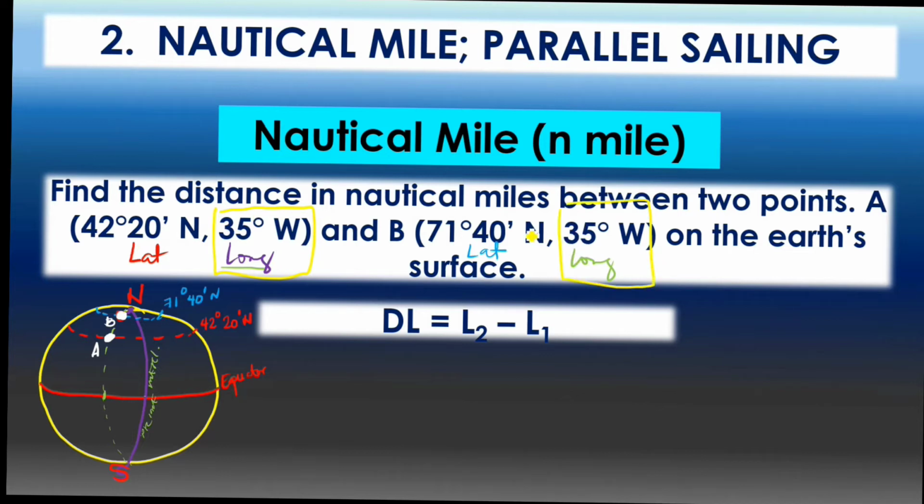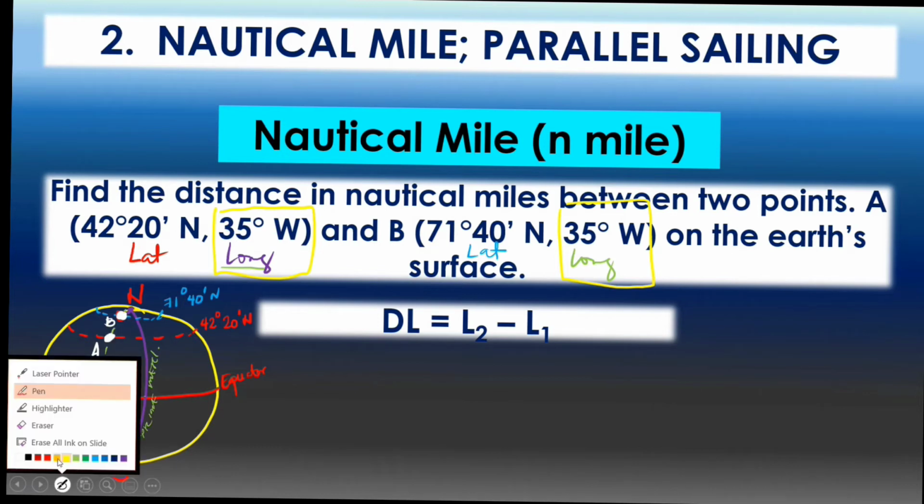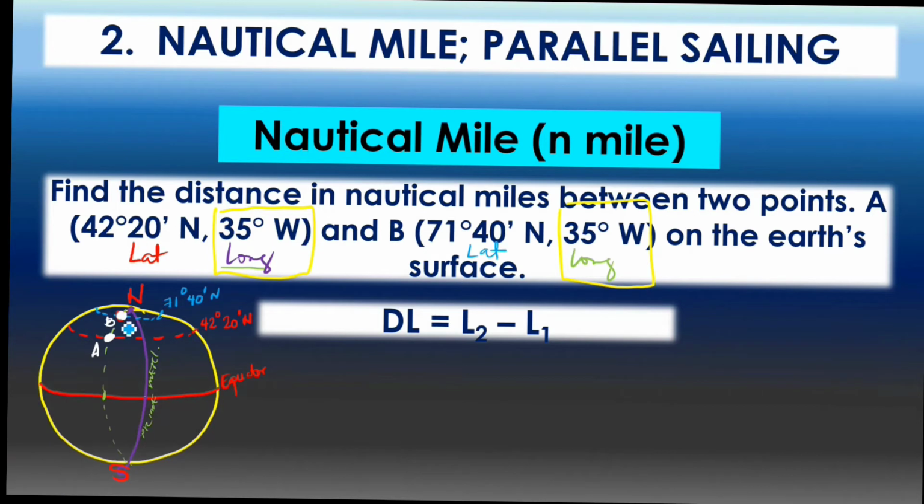So let us consider the latitude because the latitudes are what? Different. So what we are going to consider here is what? So from point A, we have the point A and also the point B. So what is being asked is the distance. So if you try to notice, the distance here is actually what?